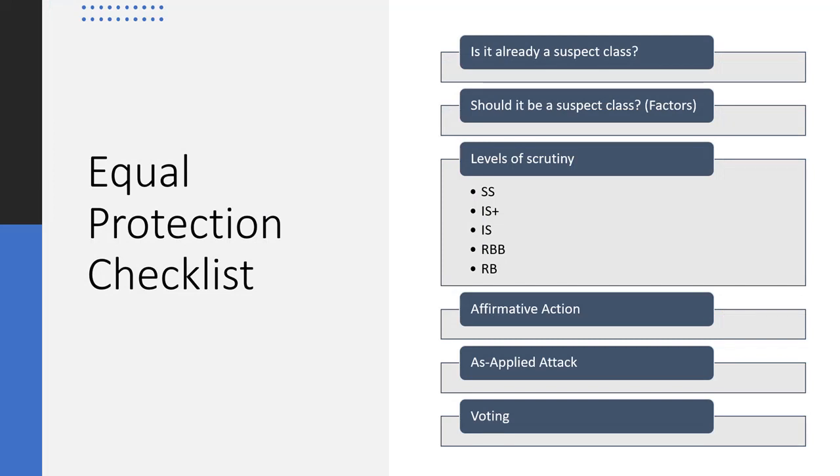Now, when you see that kind of statistical evidence of some burden on a suspect or quasi-suspect class, then you need to look for evidence of intent. Because if you have disparate impact on a suspect or quasi-suspect class, remember, you would not do this for a non-suspect class, because that gets you back to rational basis review. The whole idea of doing an as-applied attack is to try to get a court to bump up the standard of review that applies to the group that's really being targeted. And if the group that's really being targeted is a non-suspect class, that only gets you right back to rational basis review.